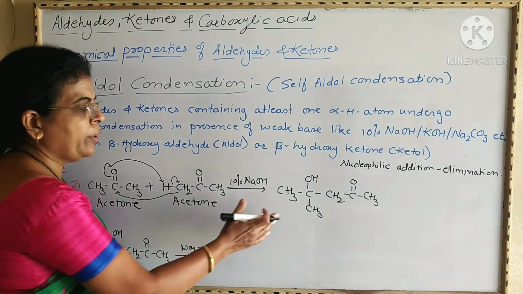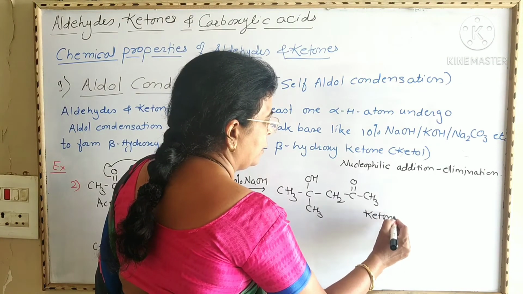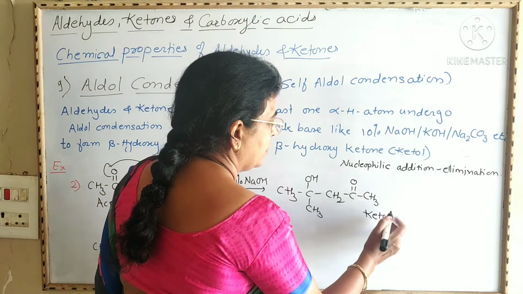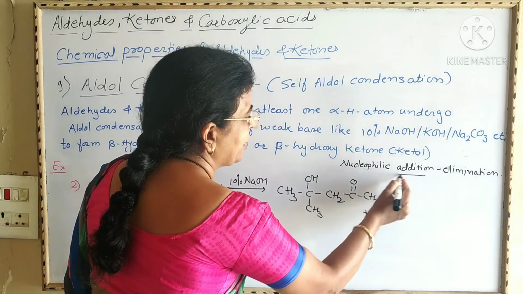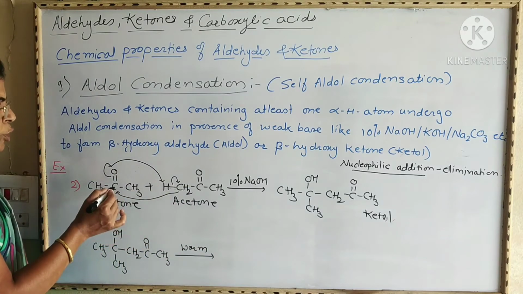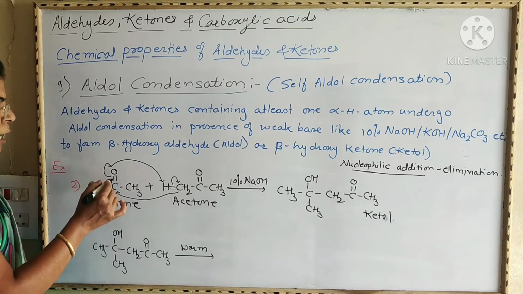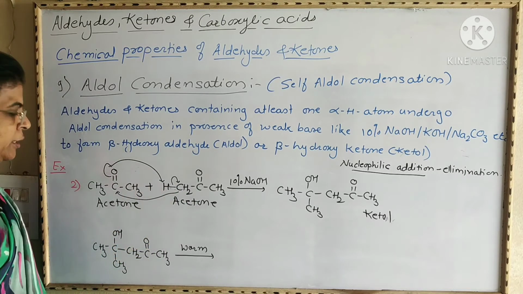Now this compound is a ketone. Here nucleophilic addition is carried out. That is, this is the nucleophile, and addition of this nucleophile takes place at this carbonyl carbon. Therefore this is a nucleophilic addition reaction.